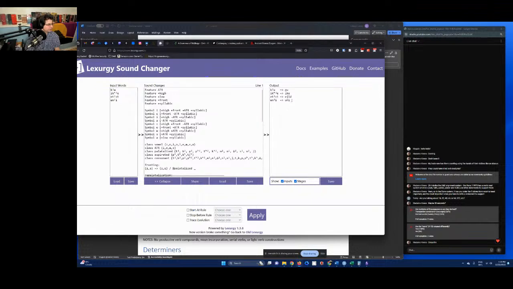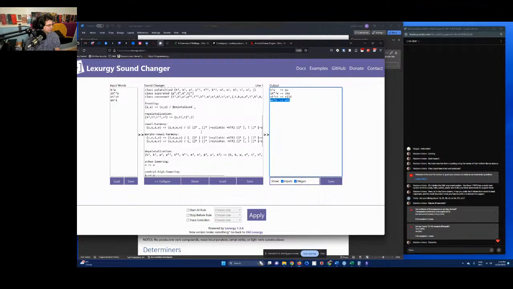And I'm going to... unye. Why is that? What's going on there? That should not be how that works out. Am I accidentally blocking my vowel harmony? Let me double check and see that my vowel harmony makes any sense.